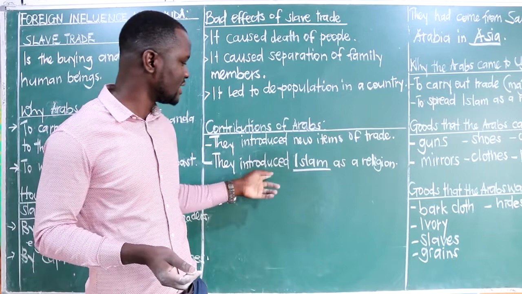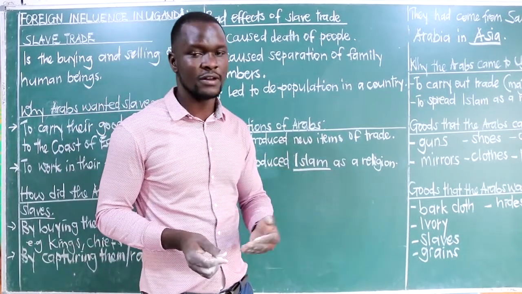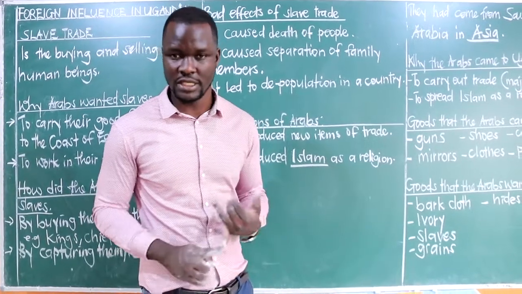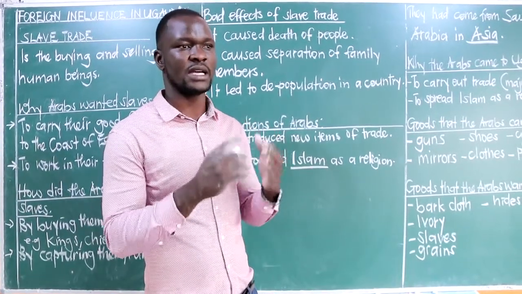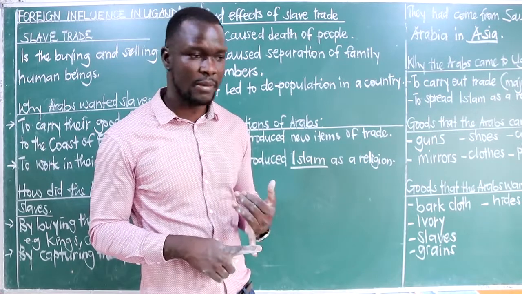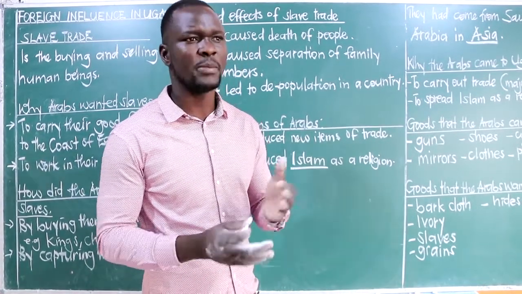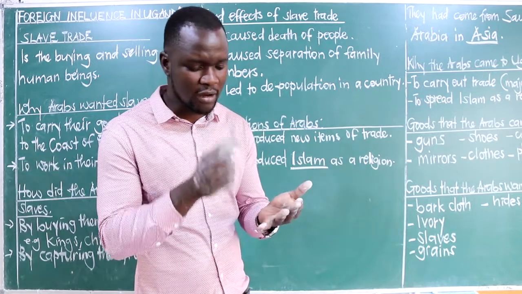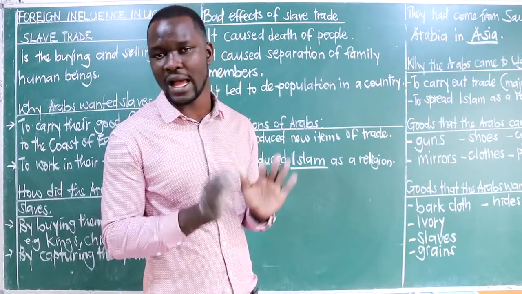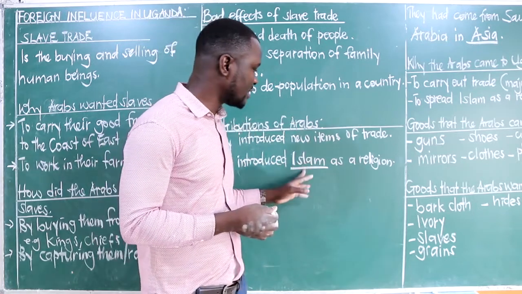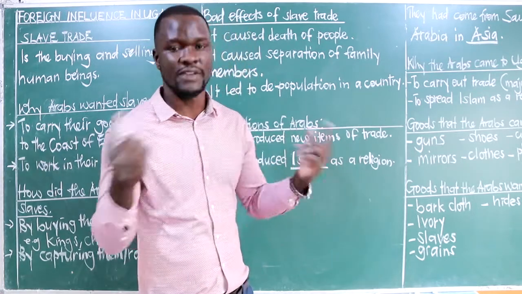The first reason is Islam involved some painful practices like circumcision. So you could find that for one to become a Muslim, more so the male ones, one had to be circumcised. So some people could fear such things. You are going to circumcise people, and you're like, for me I don't want that. So that is one reason as to why Islam did not spread very fast.